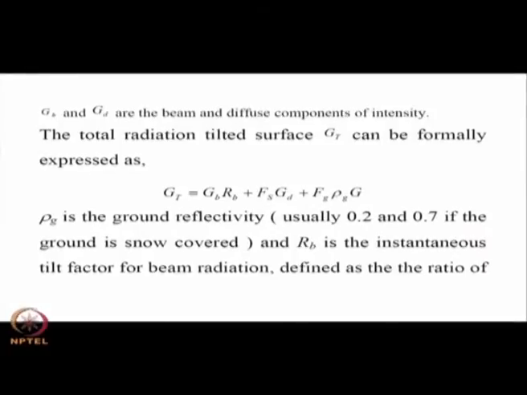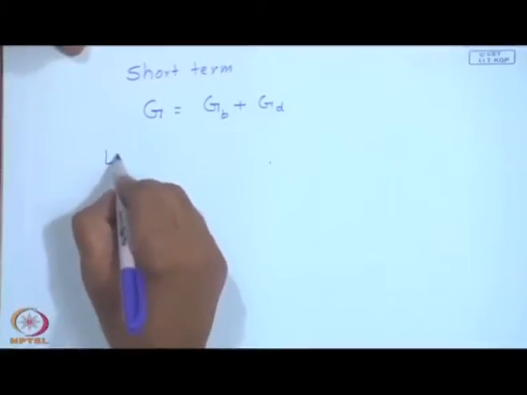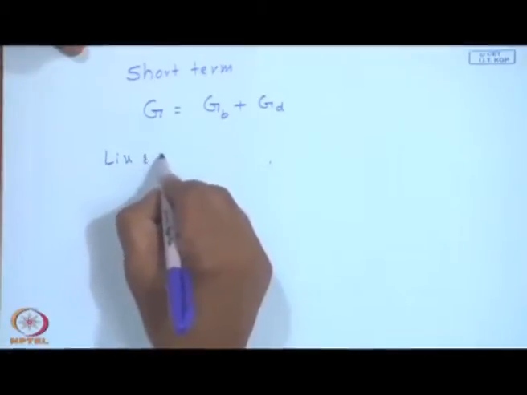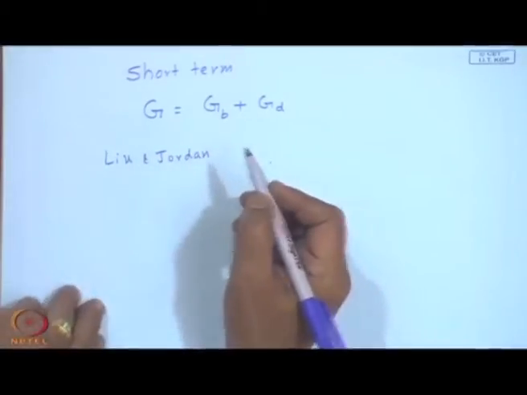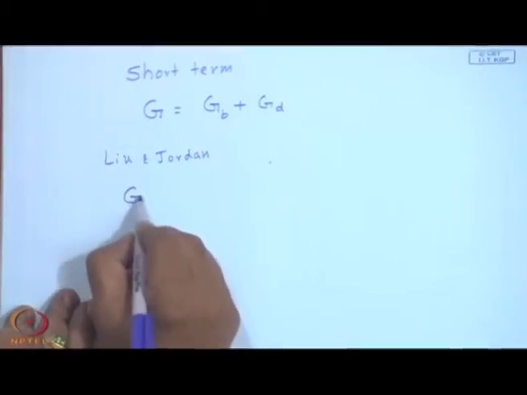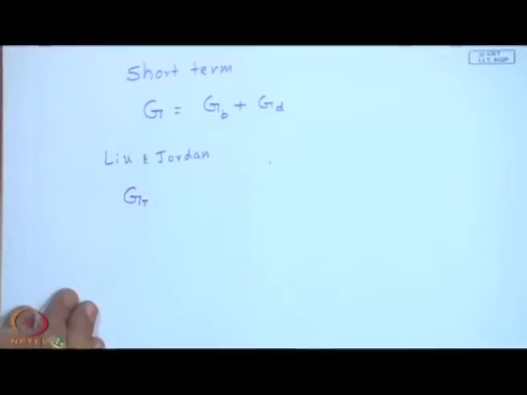A number of developments by Liu and Jordan again. They classified the radiation received by the tilted surface.